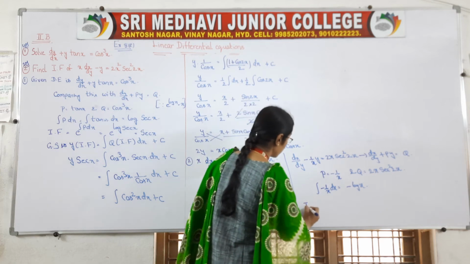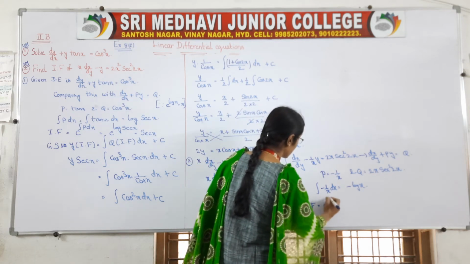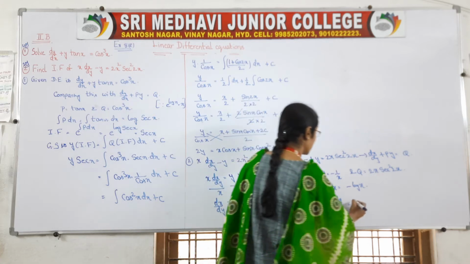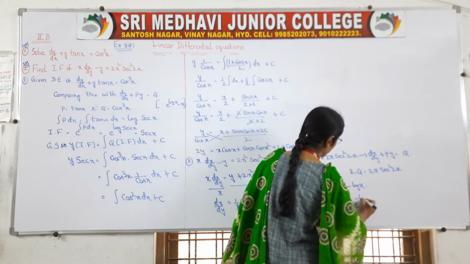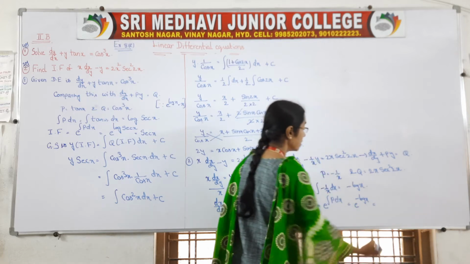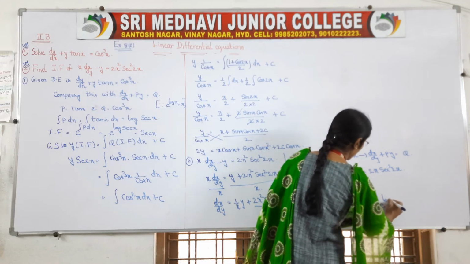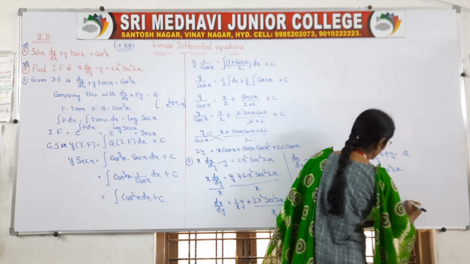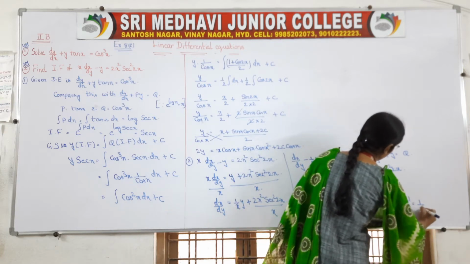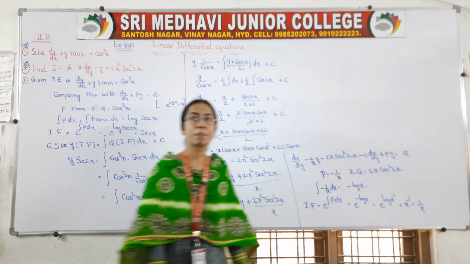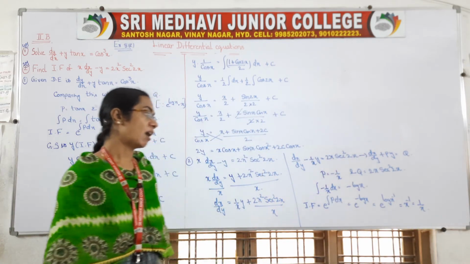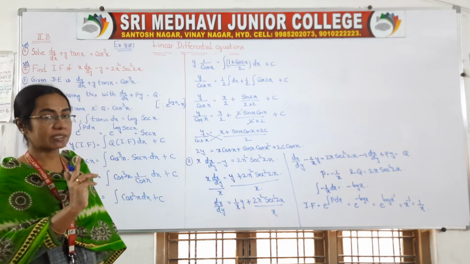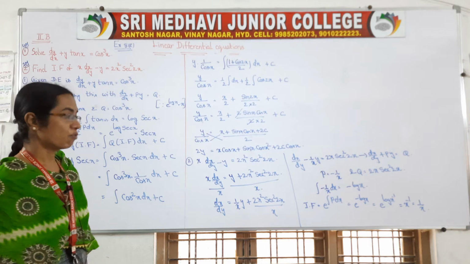Therefore, integrating factor is equal to e to the power of integral P dx, is e to the power of minus log x, is equal to e to the power of log of x to the power of minus 1, is equal to x to the power of minus 1, that is 1 by x. That is the answer. x to the power of minus 1, equal to 1 by x, is the required integrating factor.